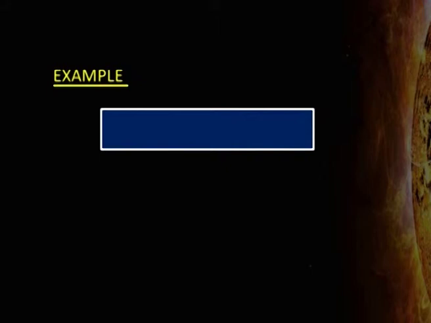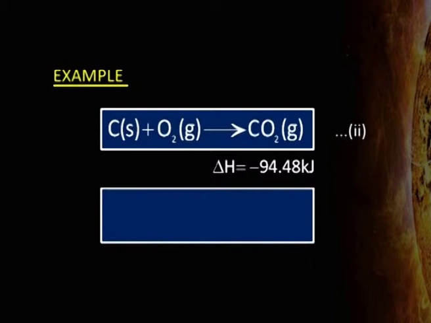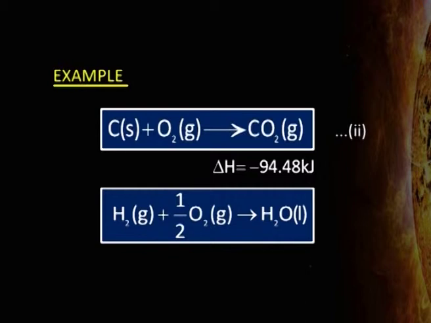Second equation is carbon solid plus oxygen gas giving you carbon dioxide gas. Delta H for this reaction is equal to minus 94.48 kilojoules. The third reaction is H2 gas plus half O2 gas giving you H2O liquid. Delta H for this reaction is minus 68.4 kilocalories.